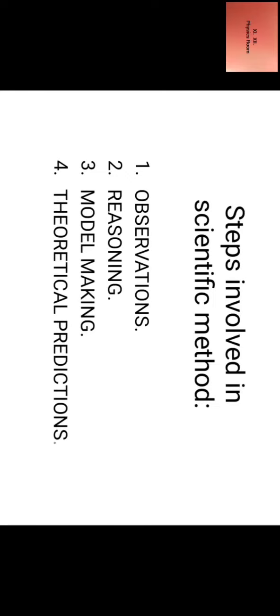The second step is reasoning. The third step is model making. And the fourth step is theoretical predictions. So four steps are involved in scientific method.